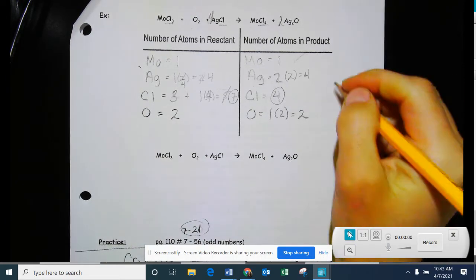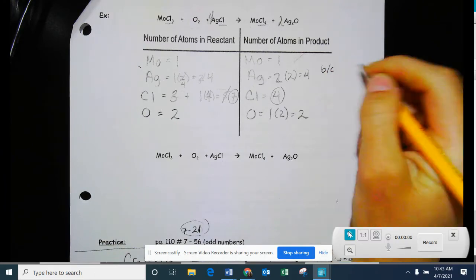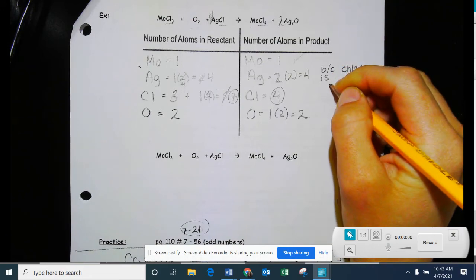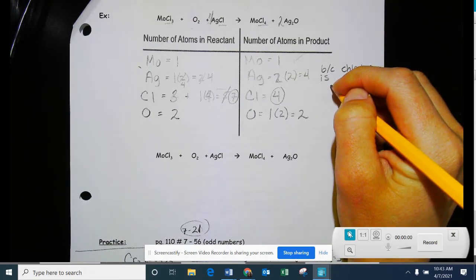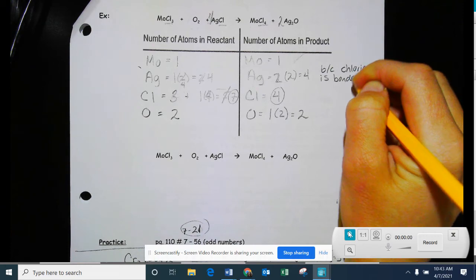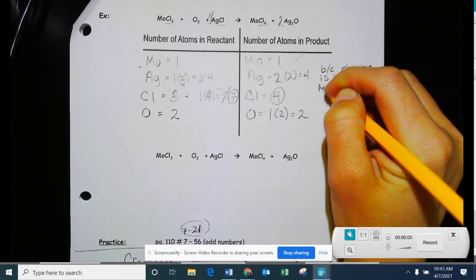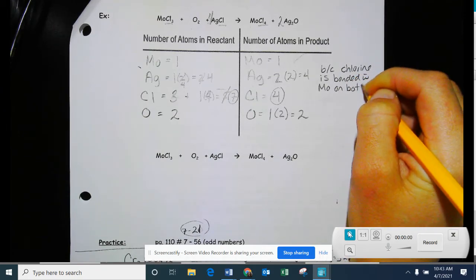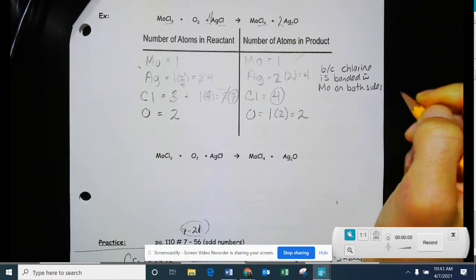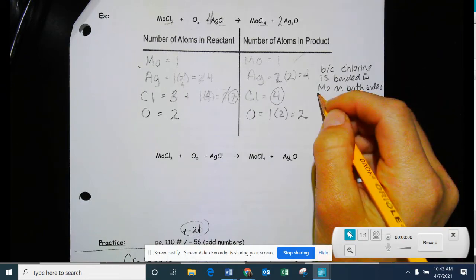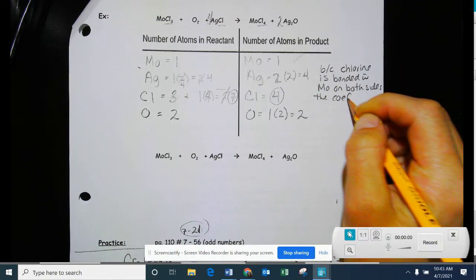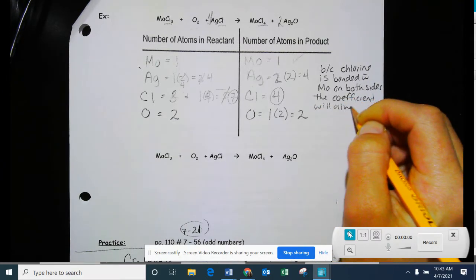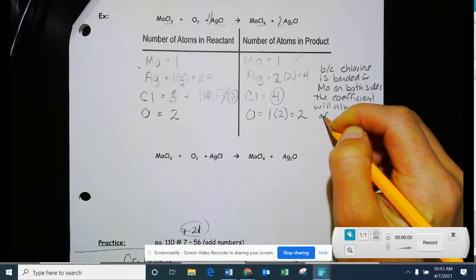So basically, because chlorine is bonded with molybdenum on both sides, the coefficient will always affect both.